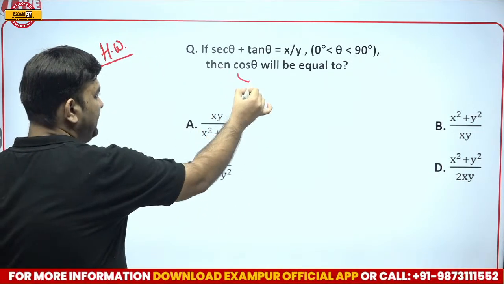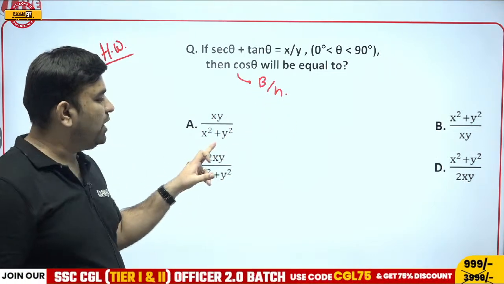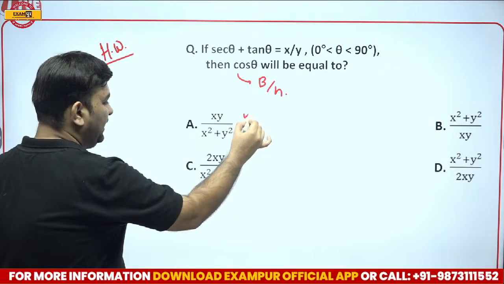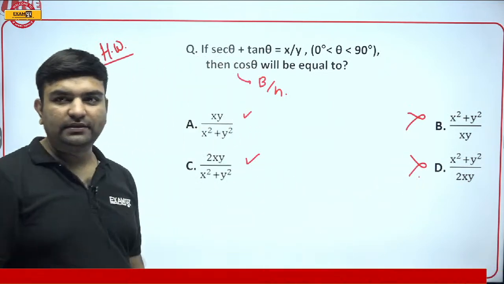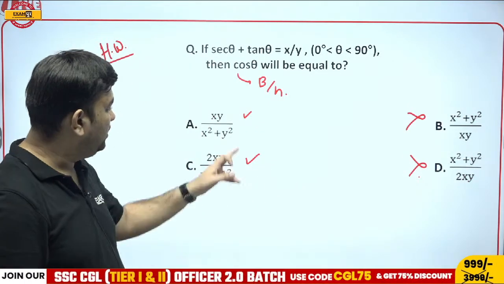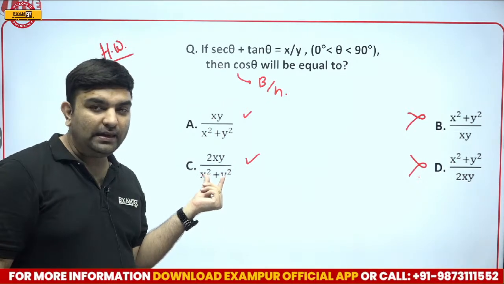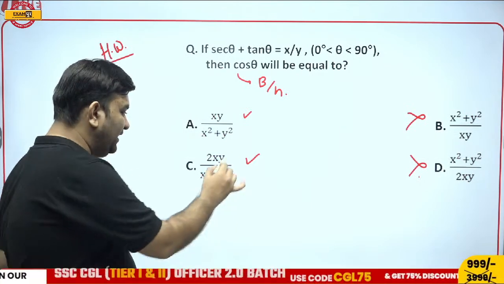Cos theta is based upon hypotenuse. x square plus y square is the largest side. It has to be in the denominator, either this or this. Now, x square plus y square will make the triplet with 2xy.